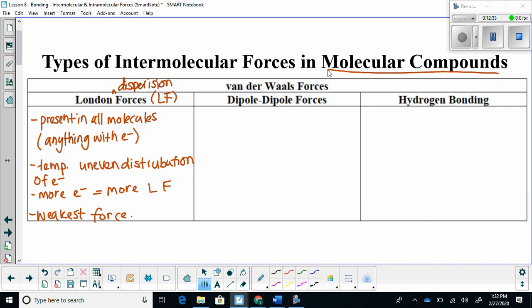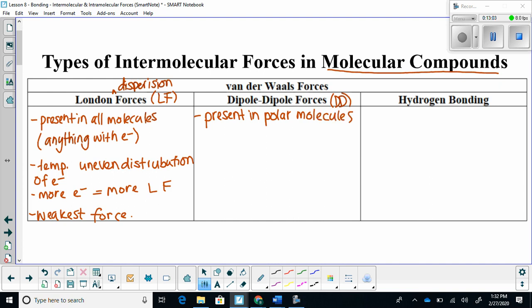The next one is called dipole-dipole forces. We will shorthand them for DD. So whenever I'm referring to DD, it is a dipole-dipole force. So it's called dipole-dipole for a reason, because it only exists in polar molecules. Okay, so first thing, it's present in polar molecules.